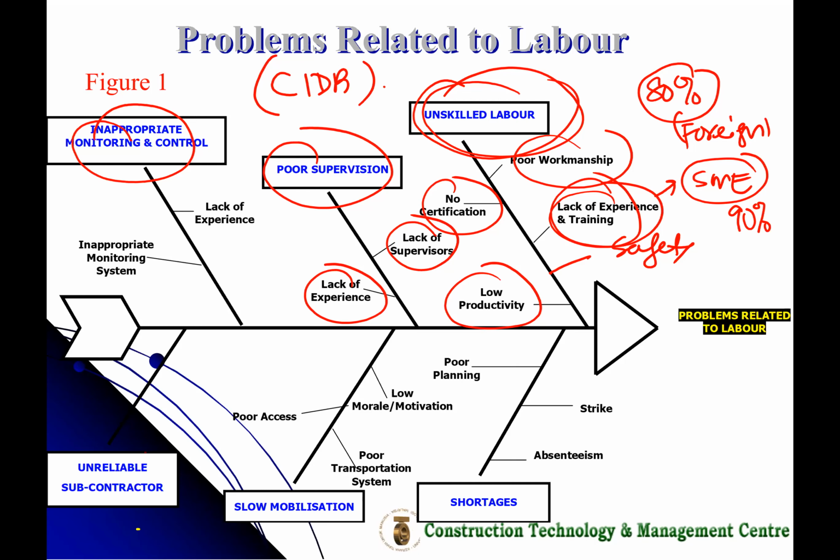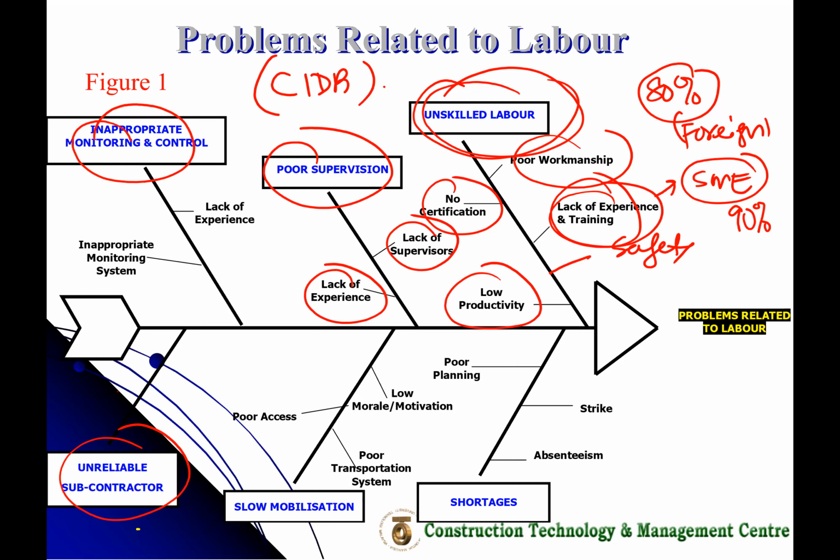Then, unreliable subcontractor. Sometimes the main contractor who got the project is good enough, but being a general contractor or main contractor, you are not going to do the project 100% by yourself. You normally will subcontract some of the work. So you as main contractor are doing fine, but with the subcontractor, you never know.